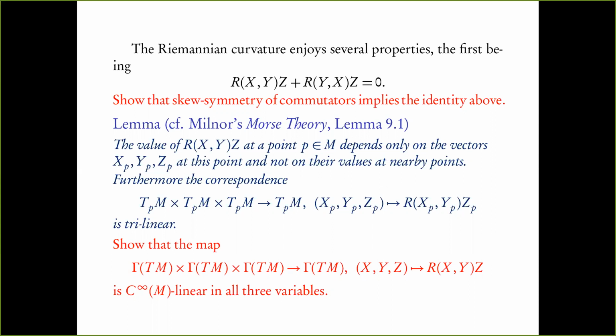Because if you look at sections of TM cross TM, that is precisely, for every point, a pair of vectors. And here you're going to get sections of TM cross TM cross TM. And usually sections of TM cross TM cross TM is not going to be sections of TM cross sections of TM, because that's too big. But this pointwise thing is going to allow you to induce a map at the level of tensor products of sections of TM, and that is what you are suggesting.